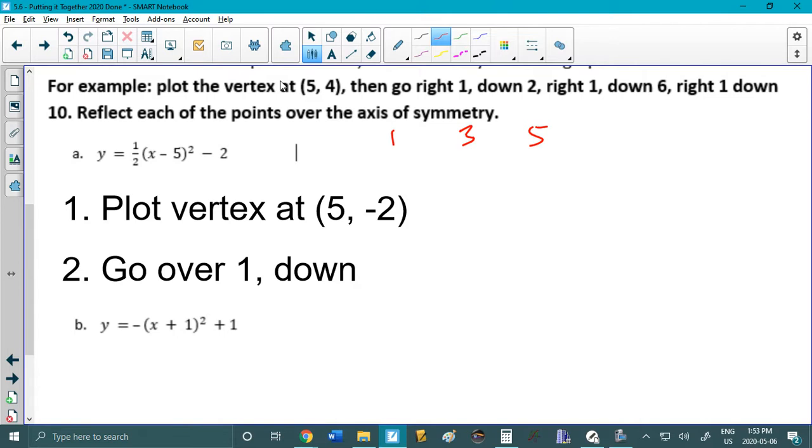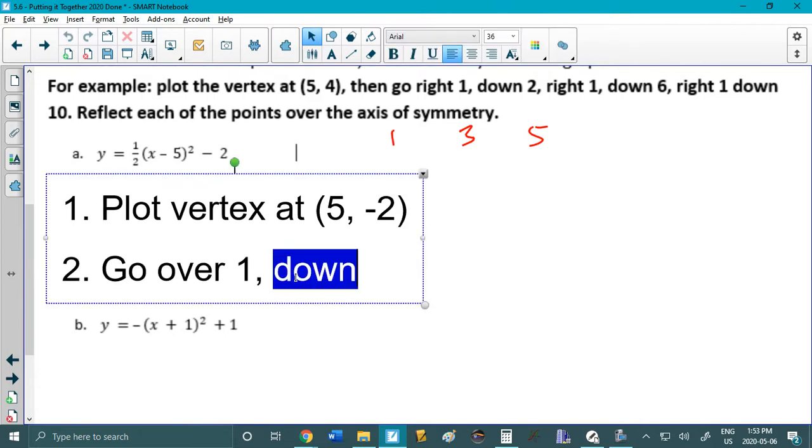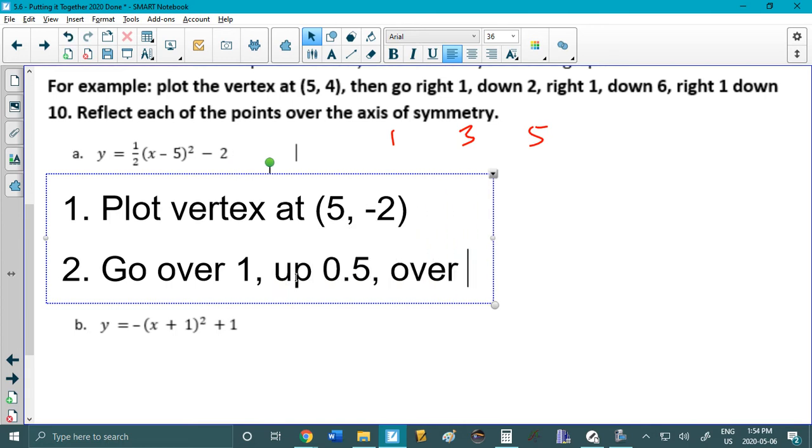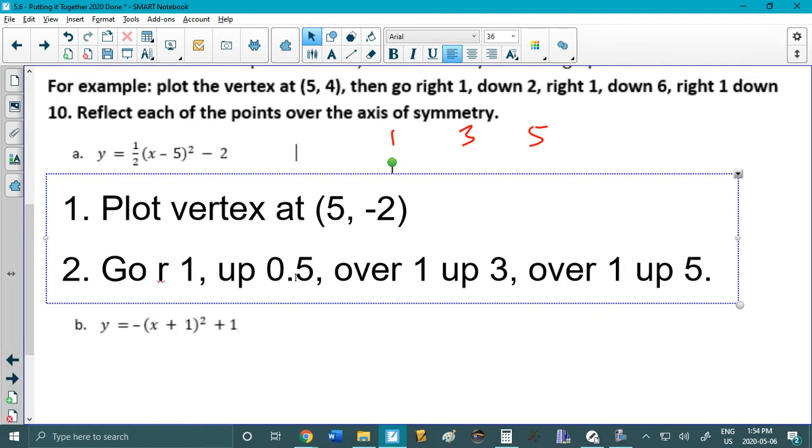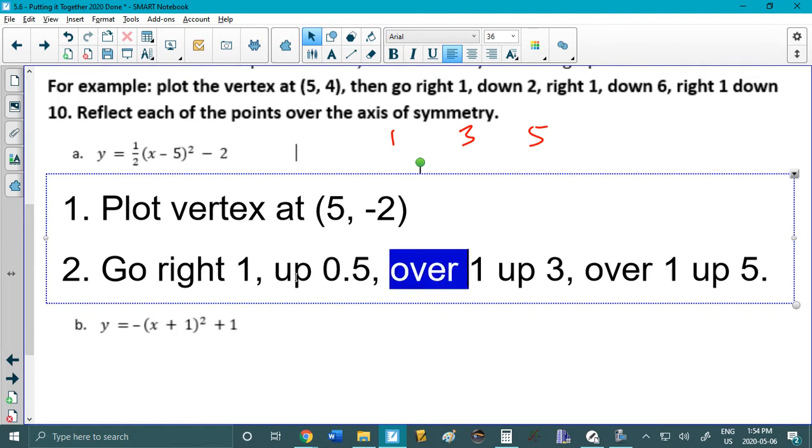In this case, A is 0.5 or 1/2, so we don't go down, we go up. Over 1 up 0.5. Over 1 up 3, over 1 up 5. And I'm going to change the word over to right. And you'll see why in a second.